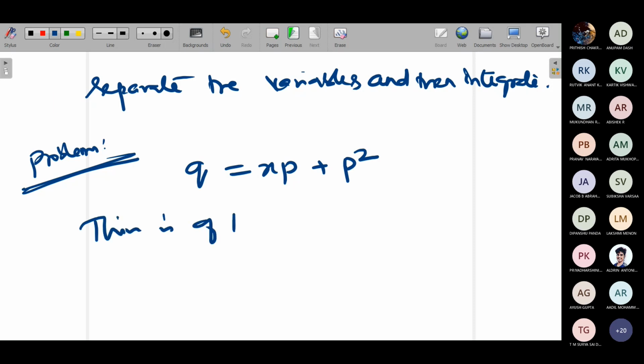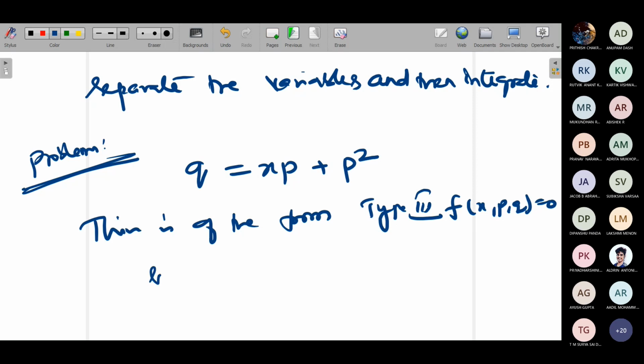This is of the form type 3, that is f of x comma p comma q equal to 0. So whenever you have x, p, q, what did I say? You have to substitute q equal to a.